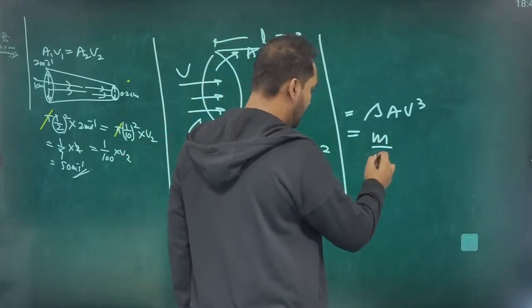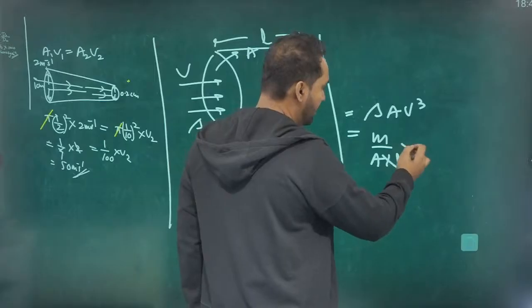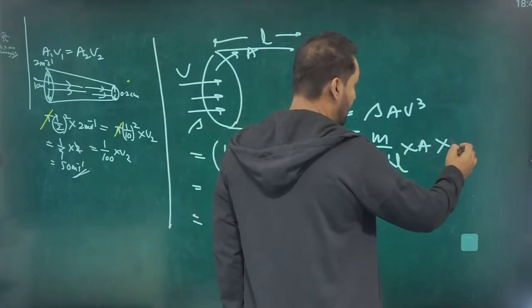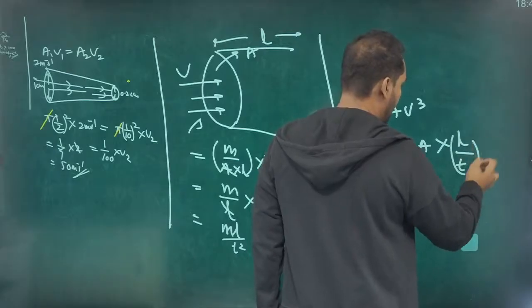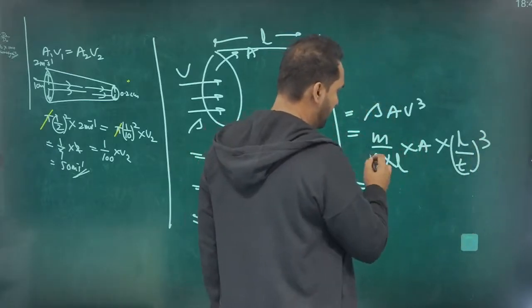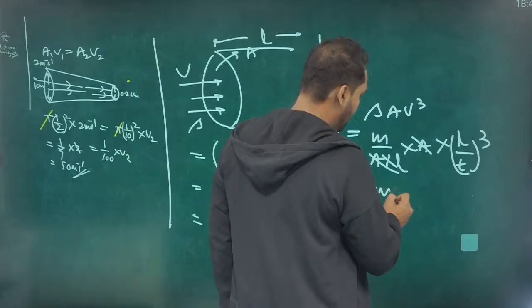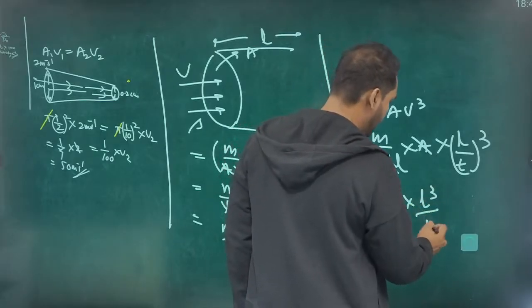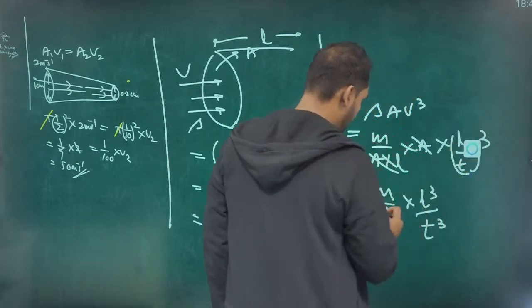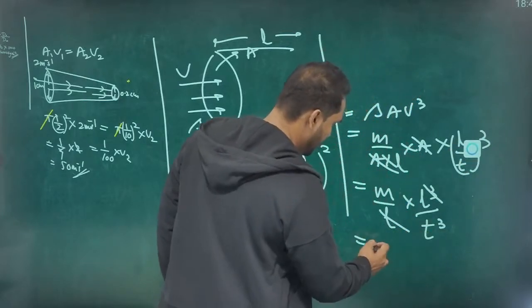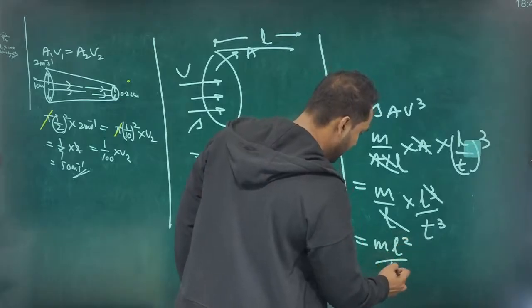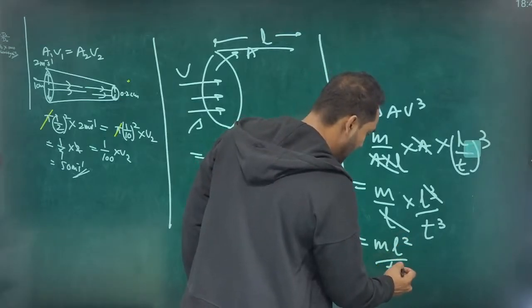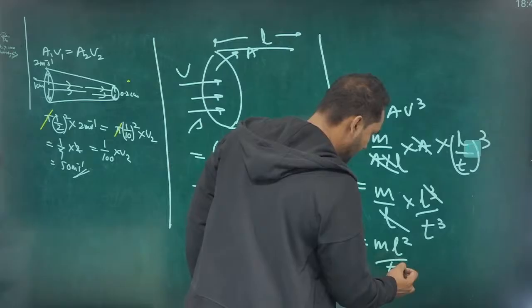That will be mass over area into length into area into length over time, cubed. Area to area cancels out, and that is mL square divided by T cube.